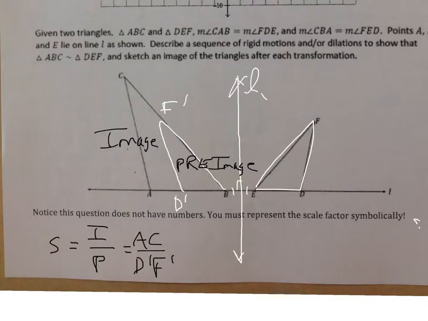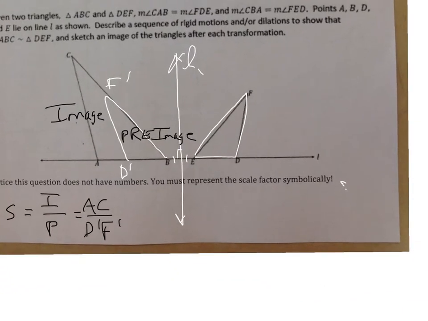And that's what I'm going to have to dilate by. So to recap the entire answer, what you'd have to write out is that you're taking triangle FED and beginning by reflecting over line L, and then combining it with a dilation.